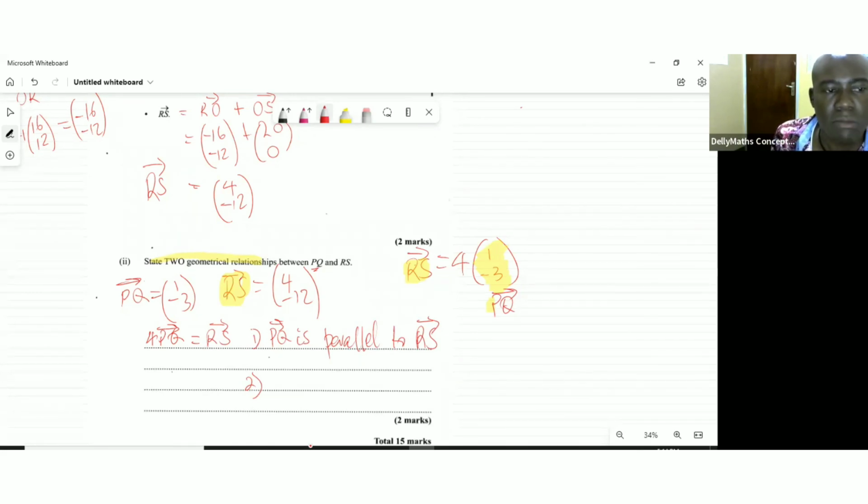The smaller one is 4 times as small. Therefore, the magnitude of RS is equal to 4 times the magnitude of PQ. So that's a relationship: RS is 4 times as long as PQ.